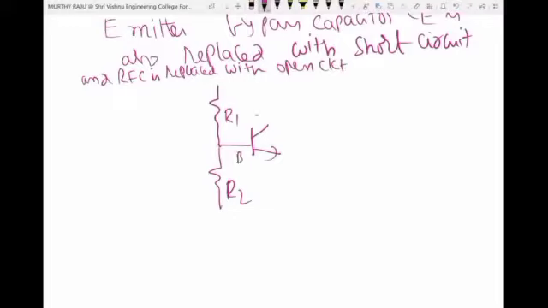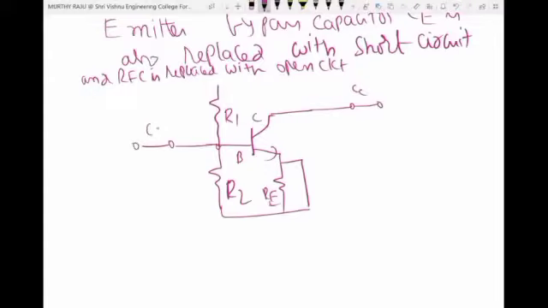This is the base. This is the collector. This is the emitter resistance RE. CE is shorted across RE. Coupling capacitor CC is shorted, and base capacitor CB shorted.